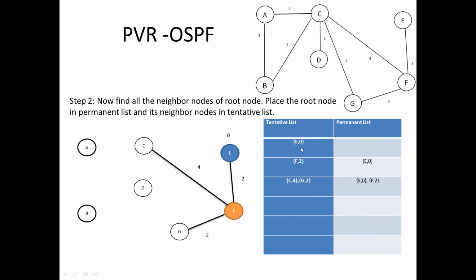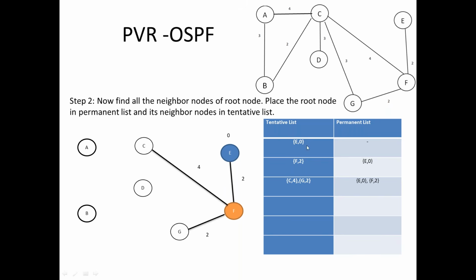So here, for E, the neighbor node is F of 2. So F, and the cost for reaching F from E is 2. So I have placed that in the tentative list and I have moved the root node to the permanent list. This is our step 2.